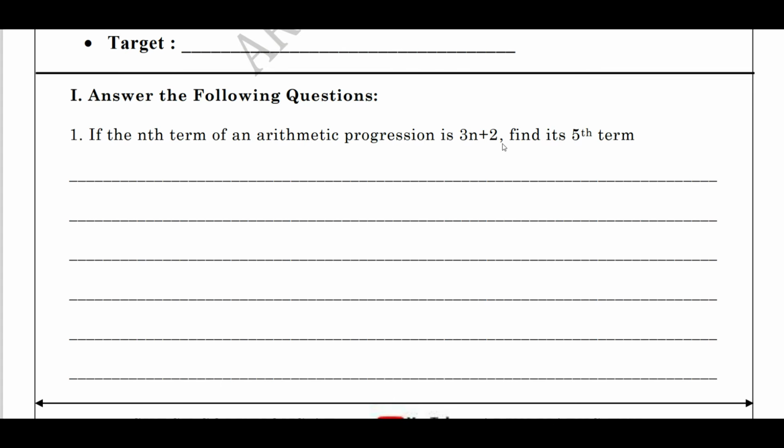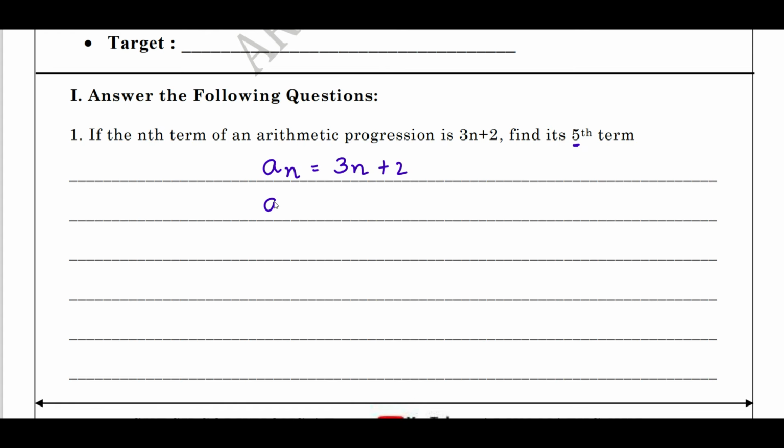MCQ and 1 mark. If the nth term of an arithmetic progression is 3n plus 2, we need to find out what? Given an equals 3n plus 2. We need to find out the fifth term.